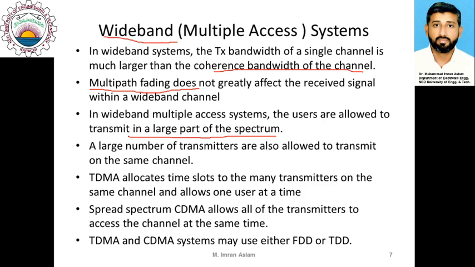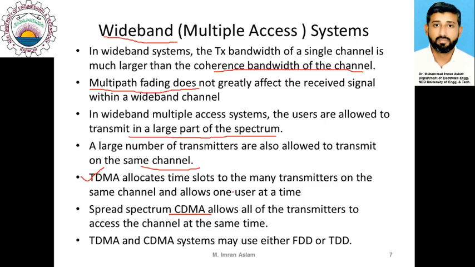The transmission is done at a relatively larger bandwidth, but we allow many users to transmit simultaneously on the same frequency or same channel. So at the same time, we have a certain number of transmitters transmitting the signal. For wideband systems, we use either the time division multiple access technique or the spread spectrum code division multiple access technique.